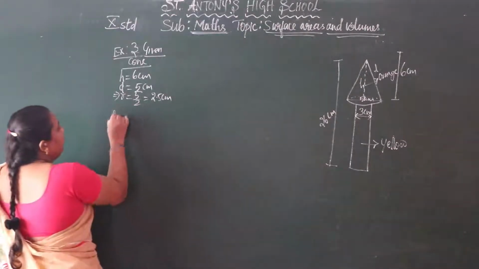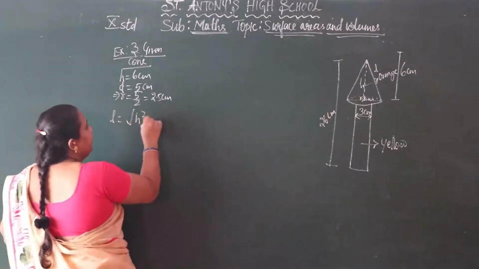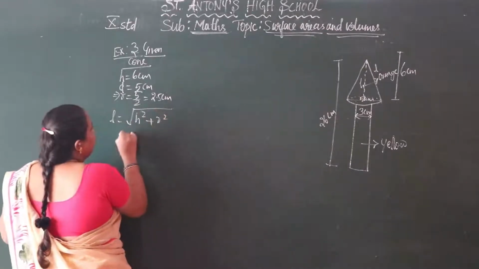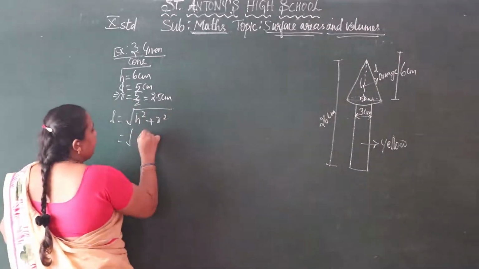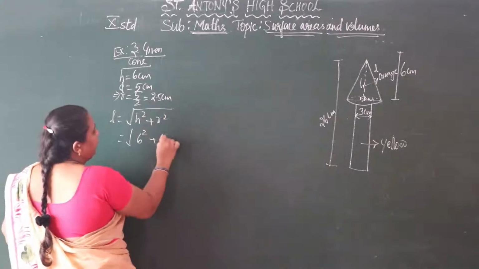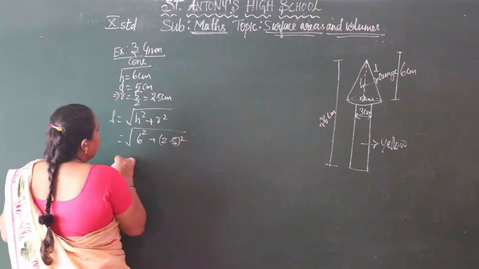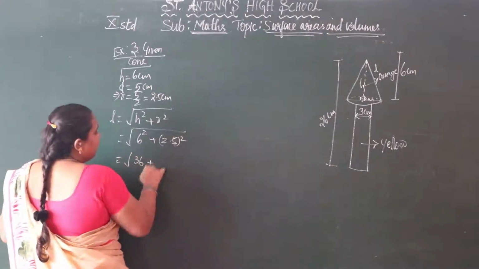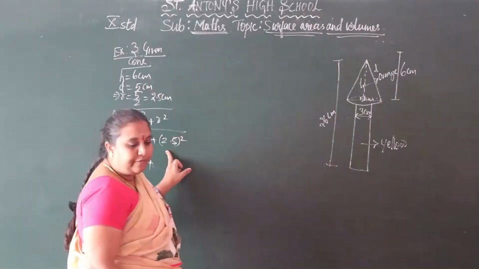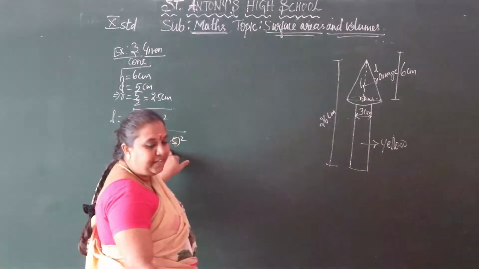So L is equal to root of h square plus r square. That is equal to root of 6 square plus 2.5 square. R square is 2.5 square. So that is equal to 6 square, that is 36, plus 2.5 square, that is 6.25.